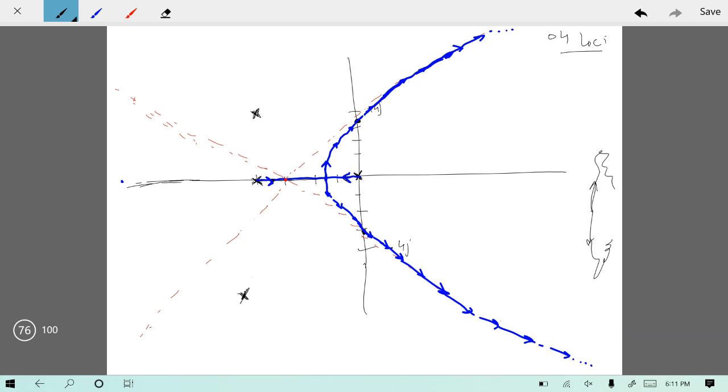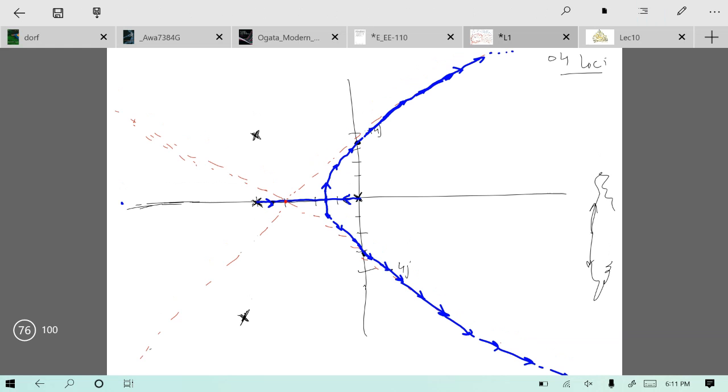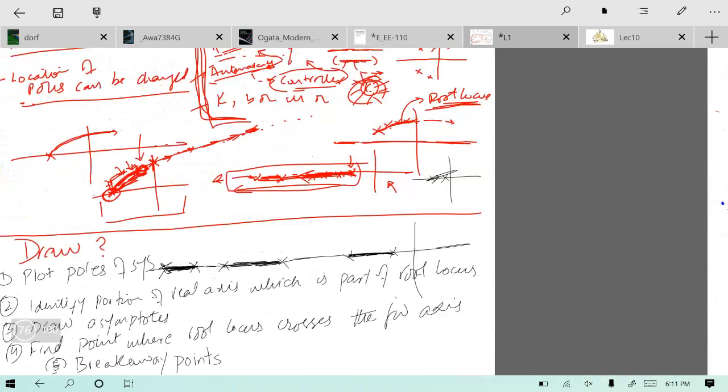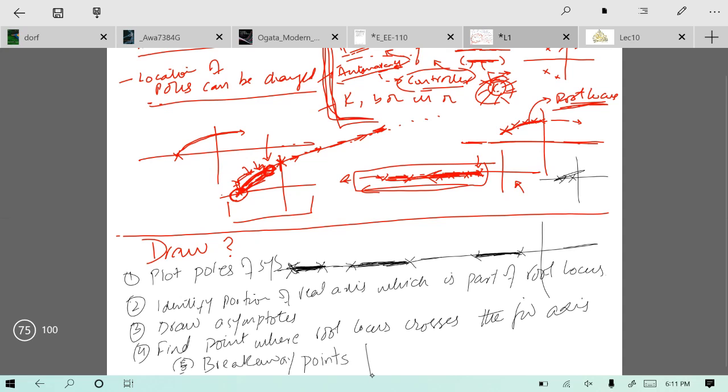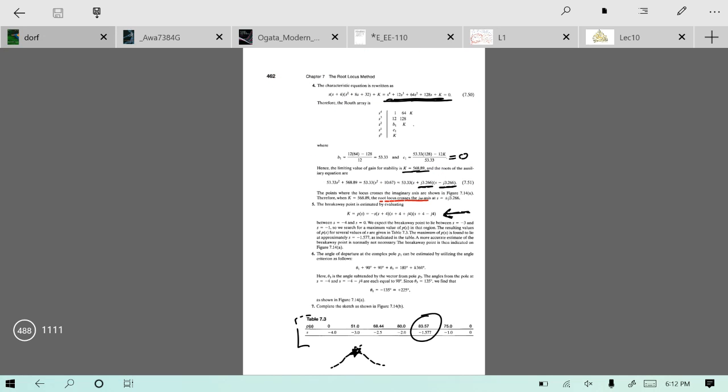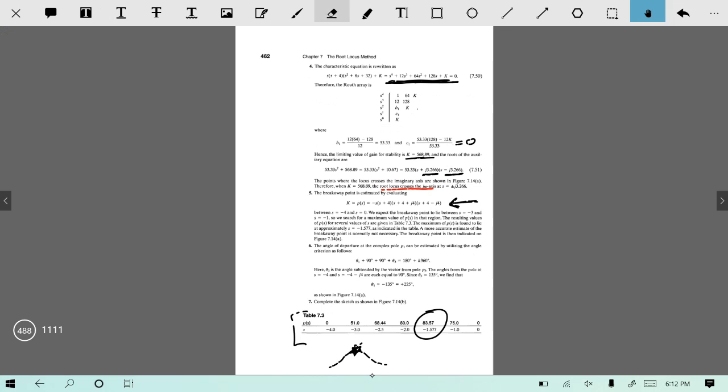That path, or interchange, will be given to you by our next point, which is the angle of departure. So the next step is to find the angle of departure.